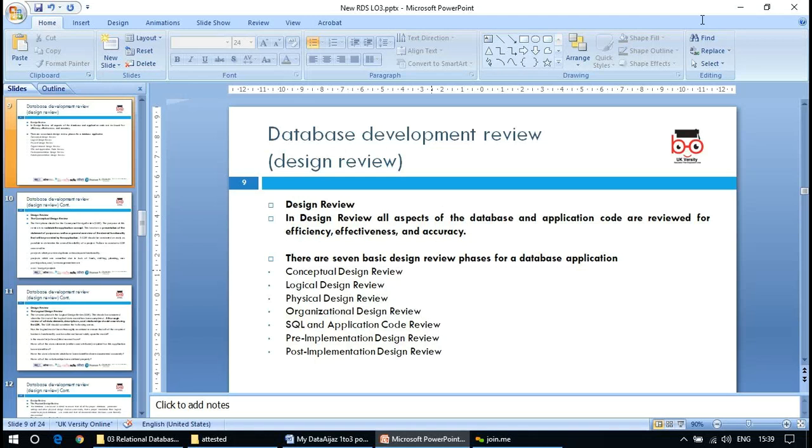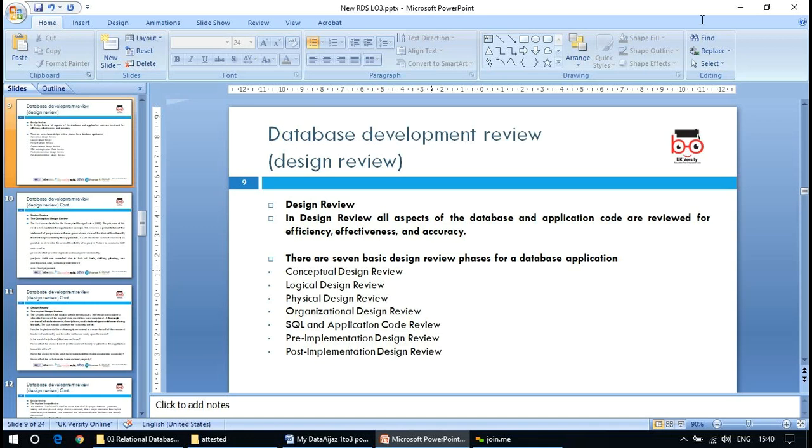Now, database development review, yeah. Once you think that you have to design a database, you have the database design in front of you, you have everything in front of you, yeah.